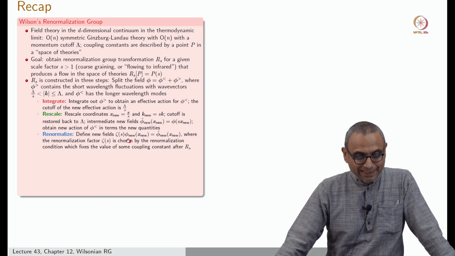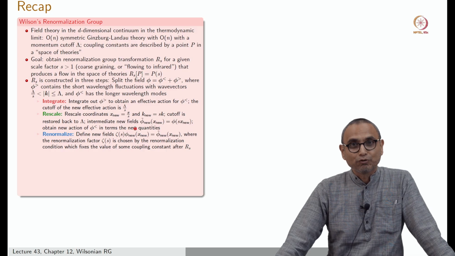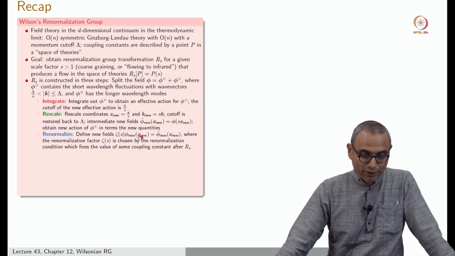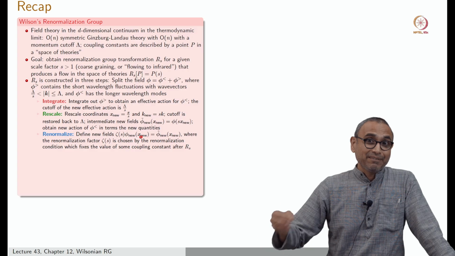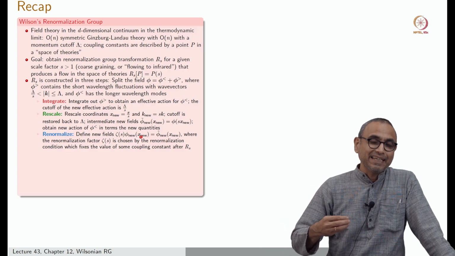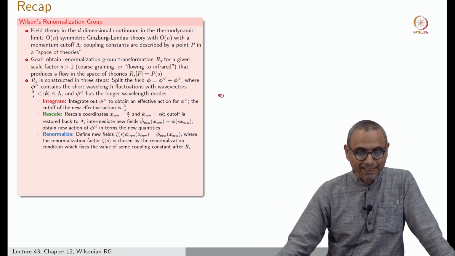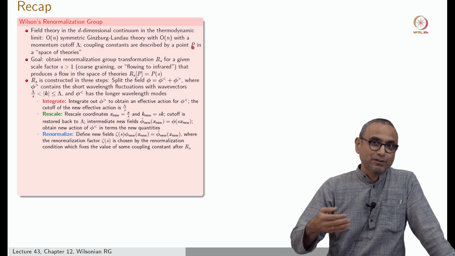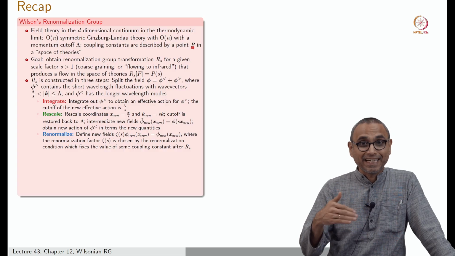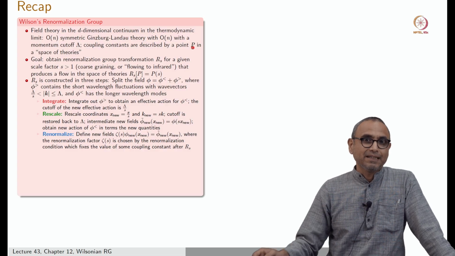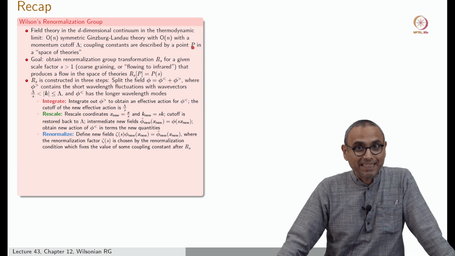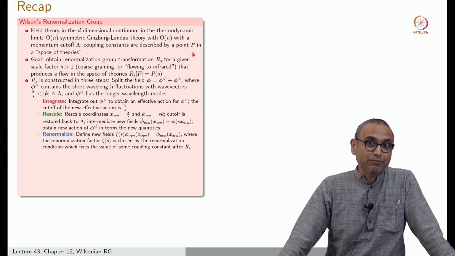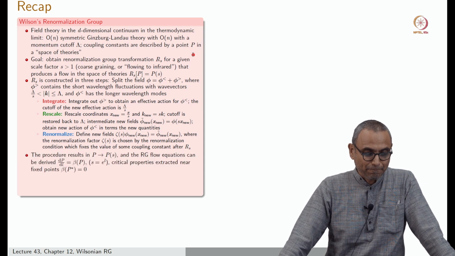And the way this is done is you define the intermediate fields as a renormalization factor zeta of s times this new field. This will be really the new fields, and we choose zeta of s in such a way that one coupling constant in P does not change. So typically this would be the coefficient of the gradient phi squared in the O(N) theory, because that theory is what describes the fixed point, the Gaussian fixed point, right?